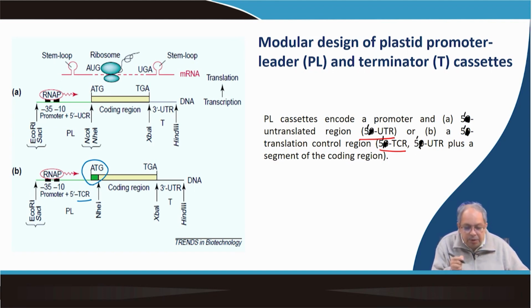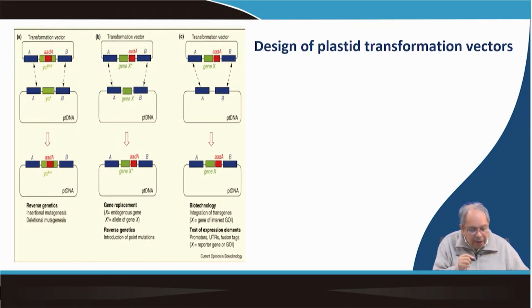That is just for your information, and then these are the different ways transformation can be done. One is that if you want to do insertional mutagenesis, the existing gene will be disrupted in this way.